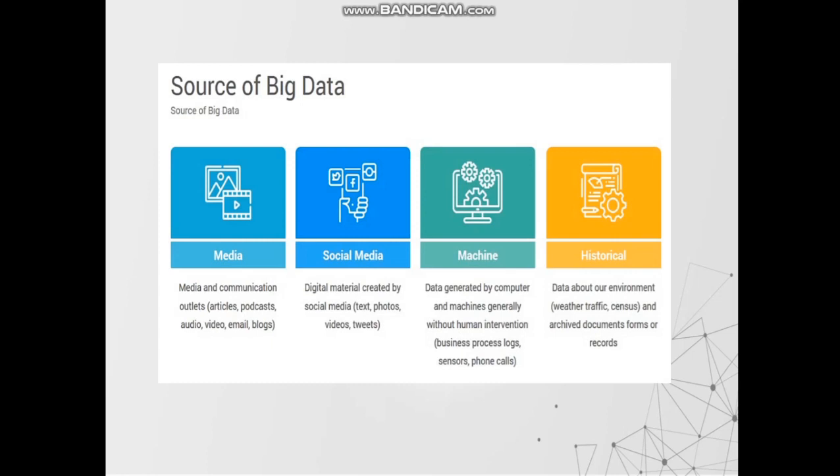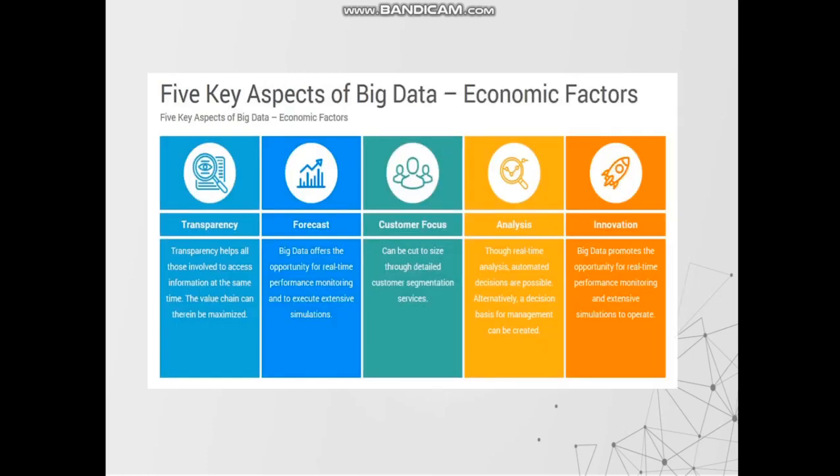In machine, data generated by computers and machines, generally without human intervention: business process logs, sensors, and phone calls. In historical, data about our environment, whether traffic or census, and archive documents, forms of records.